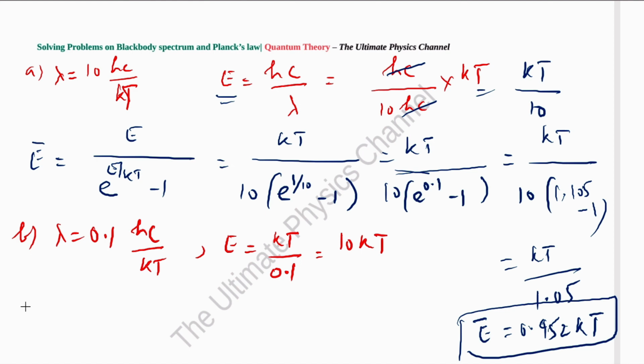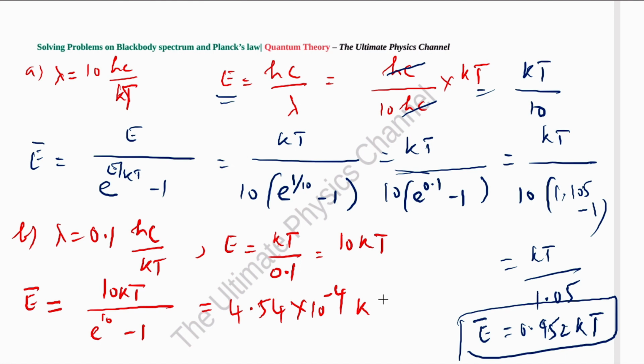So if you substitute that in the average energy, it would be 10 kT over e power 10 minus 1, right? So if this is worked out, we would get 4.54 into 10 power minus 4 kT.